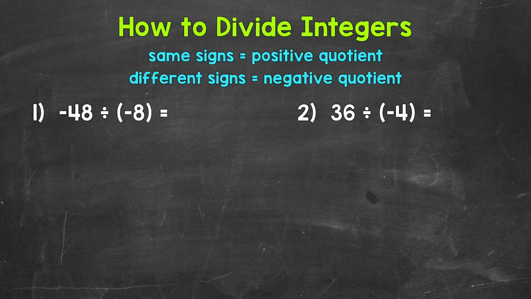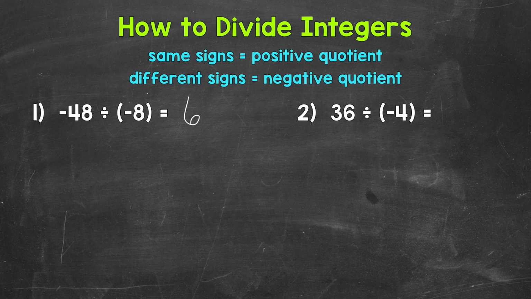For now, let's just think of this as 48 divided by 8. And what that quotient will be. Remember, the quotient is the answer to a division problem. So 48 divided by 8 is 6. So let's write a 6 here. And now we need to determine if our quotient is positive or negative.